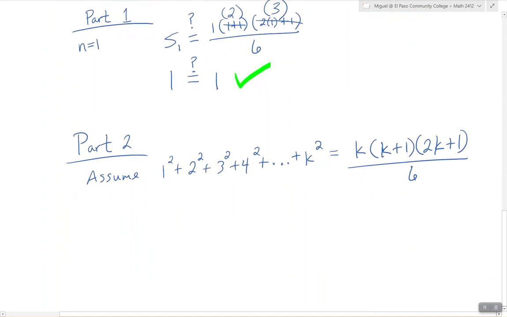So by assume, we're saying we believe this is true. But we're going to show that it's true for k plus 1, right? So adding one more term.